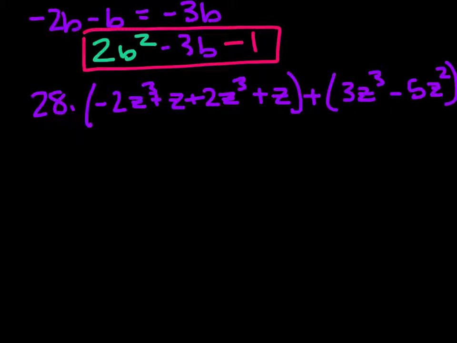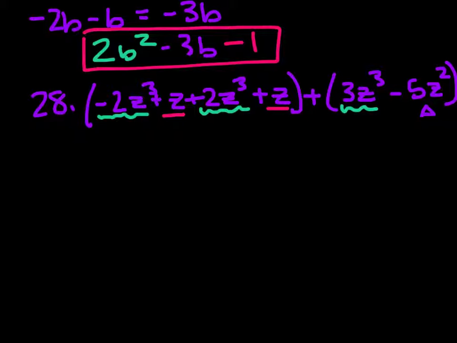First one of those. All right, so let's combine like terms. Let's find all of the ones that are similar. We have negative 2z cubed, and a positive 2z cubed, and we have a 3z cubed. As well, we have a single z, another single z, and that's it. And last but not least, we still have this 5z squared.